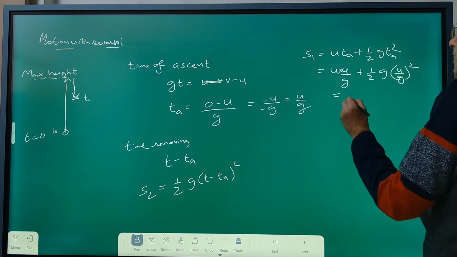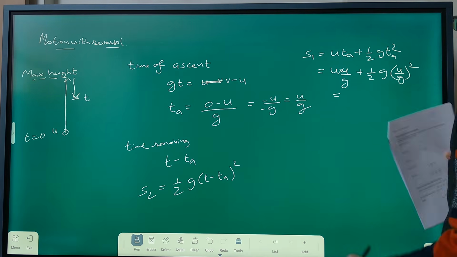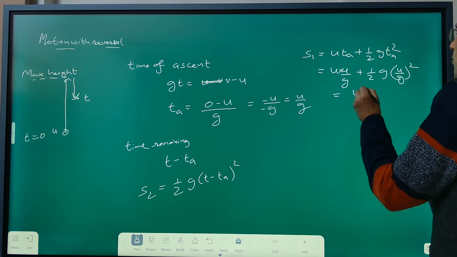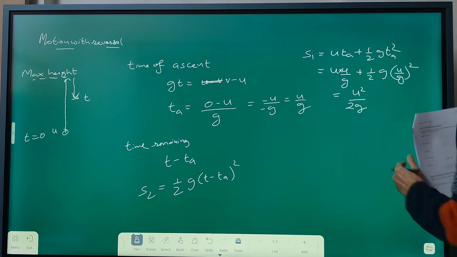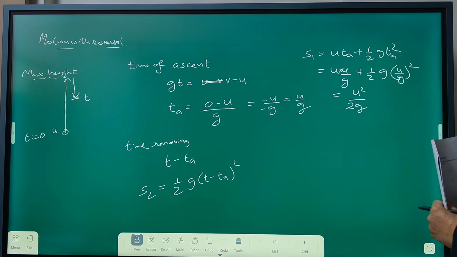So if you calculate it, it turns out to be equal to u square over 2g. Okay?